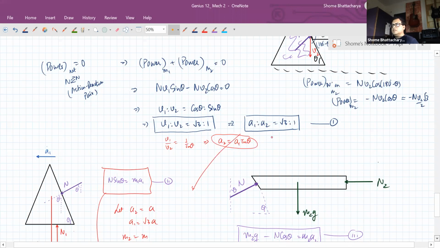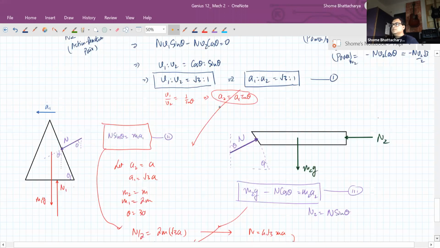So A2 is equal to A1 tan theta. This equation N sin theta is M1 A1. And where is the last equation now? Yeah, M2G minus N cos theta was equal to M2 A2. Okay.